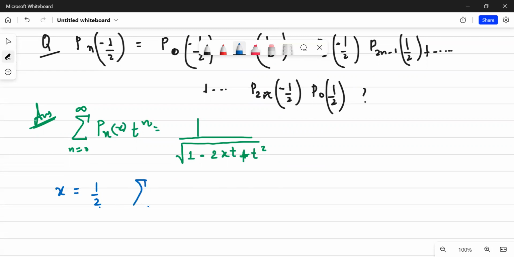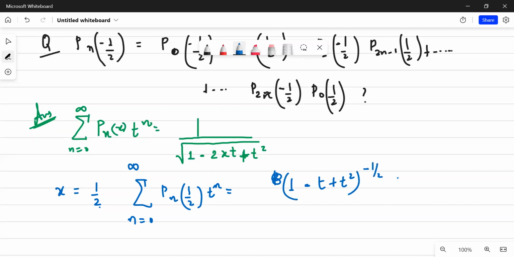I'll simply get summation n equal to 0 to infinity P_n of 1 upon 2 and then t की power n is equivalent to writing, I'll write it ऊपर ही लिख देते हैं 1 minus t plus t square की power minus 1 by 2. Is that clear? This is your equation number 1.